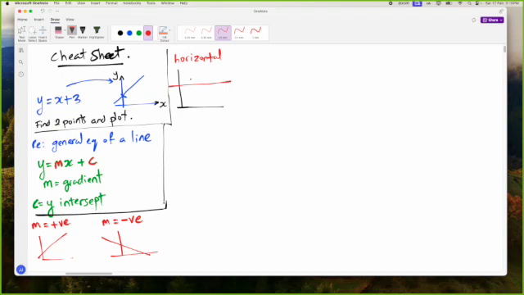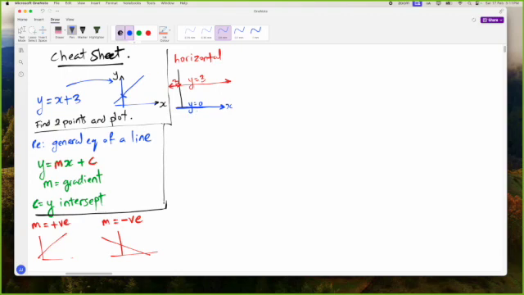If this is 3 here, then this is the line y is equal to 3, and that is the equation of a horizontal line. Your x-axis is also a horizontal line, and it is the line y is equal to 0. The equation of the x-axis is y is equal to 0.